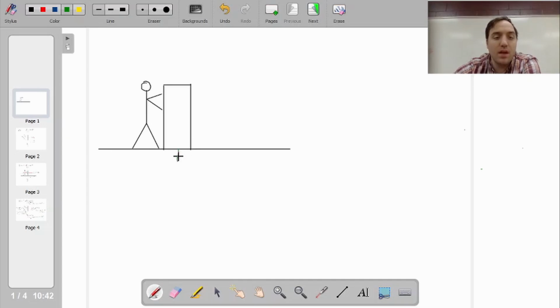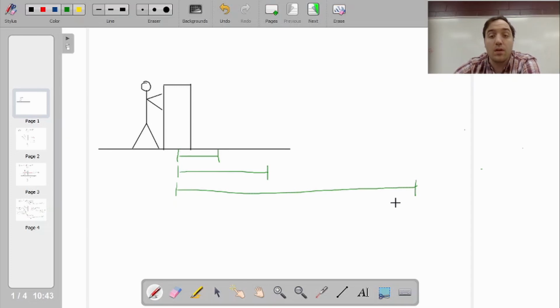Because applying a force to move it, say, half a meter, is a lot easier than applying a force to move it a full meter or more. The process of applying a force over a distance takes it out of you, it tires you out.